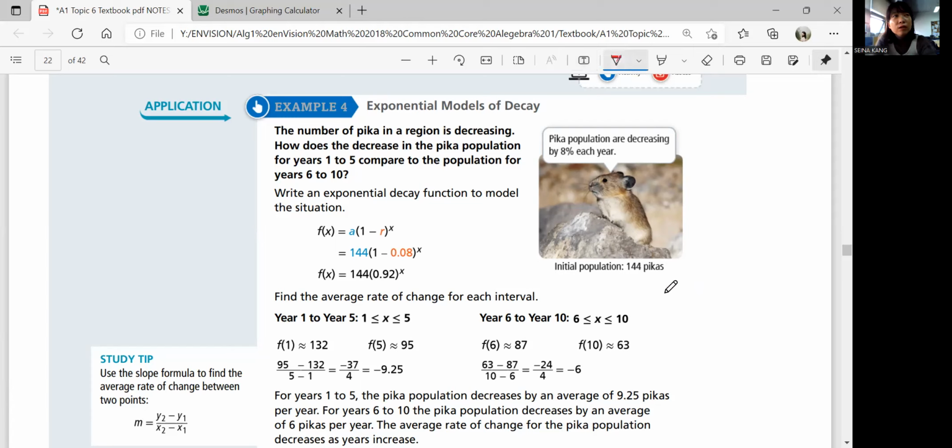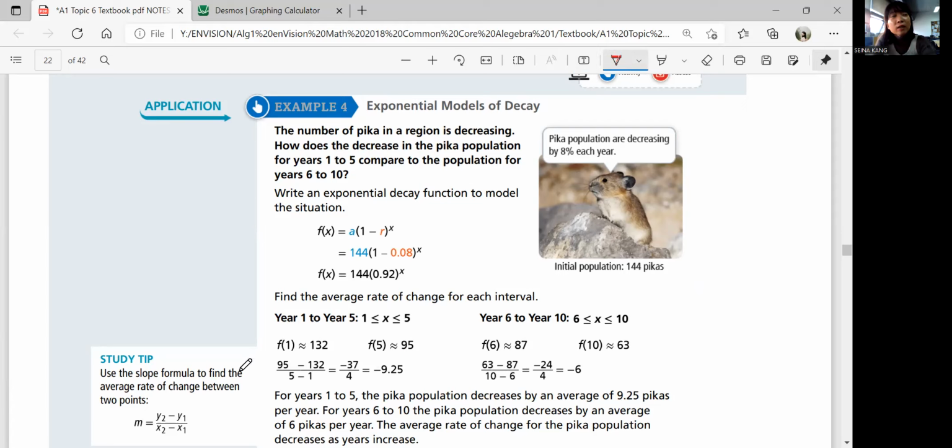So your initial value is 144. 1 minus 0.08 because it decreases by 8% each year, to the power of x, would be your decay function. We're going to compare years 1 to 5 and 6 to 10. So we're going to find the population after a year, when x is equal to 1.